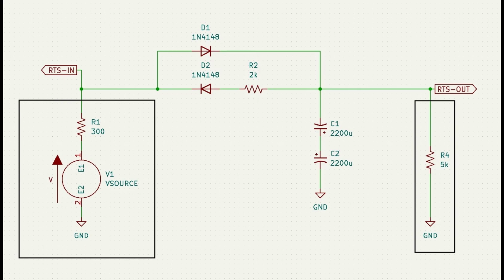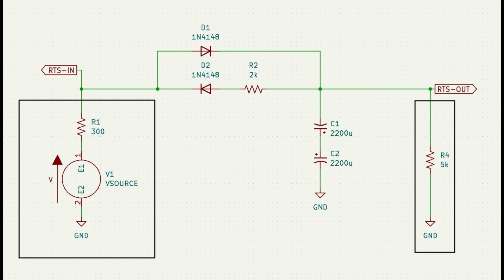What you see we've added on the left is a voltage source, and that voltage source is designed to pulse to show a positive 10 volts or a negative 10 volts, indicating that the computer has either asserted RTS or released RTS.